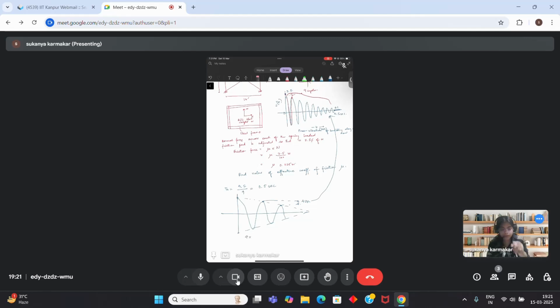There are 9 cycles. The difference between two consecutive peaks is 4 uf. So the total drop from 5.5 to 0.1 will be this total number, and this is equal to 5.5 minus 0.1. So from here you can calculate the value of UF to be 0.15 mm. I hope this UF calculation is clear.